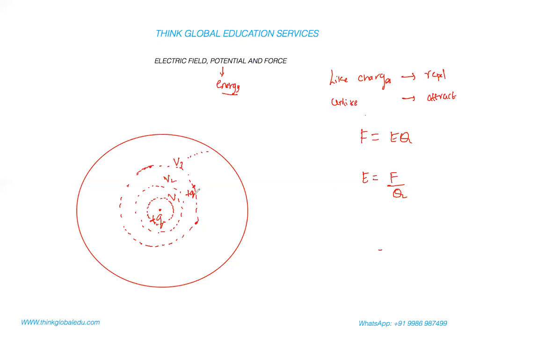Now I place the plus Q charge at the potential of V3. Now there will be repulsion, so it will travel to a new potential, let's say V5. It has taken some energy from V3 and gone to V5. That's how we can represent the electric potential.